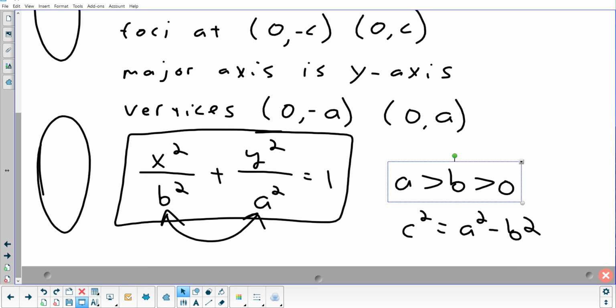And C squared still equals A squared minus B squared. All right, so we'll try a couple where the bigger number is under the Y, but it's very similar. And then we'll do 1 or 2 where we shift the center. And then that'll be it.